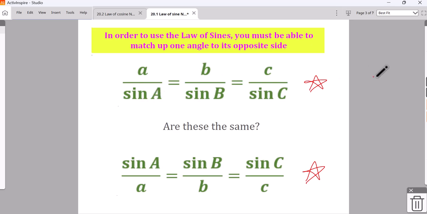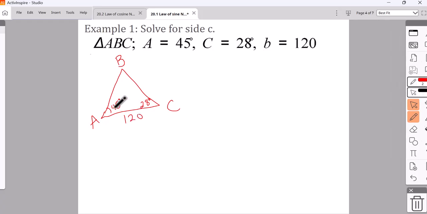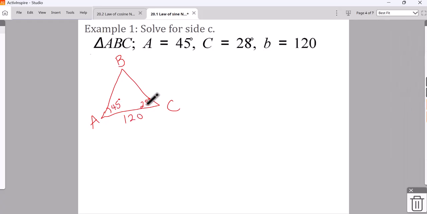What you may notice here is that this angle and this side go together, but none of the others match together. But if you remember from geometry, all of the angles add up to 180 degrees.